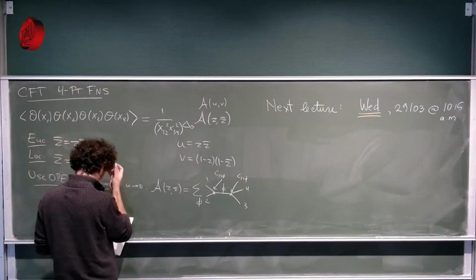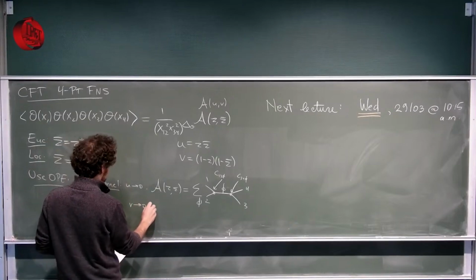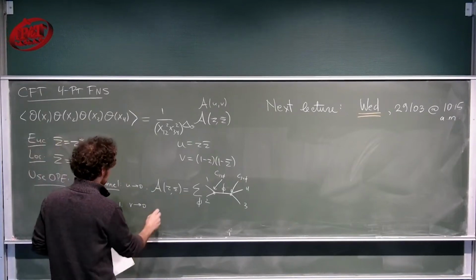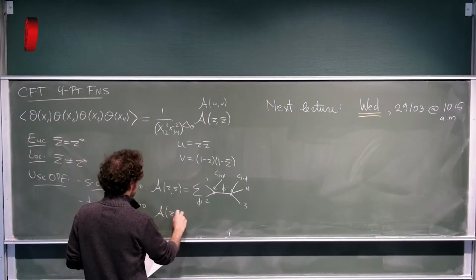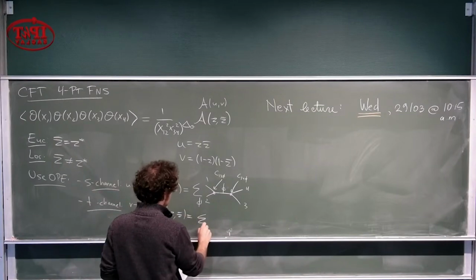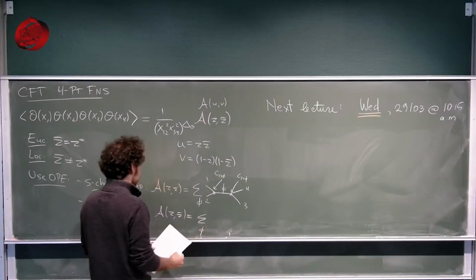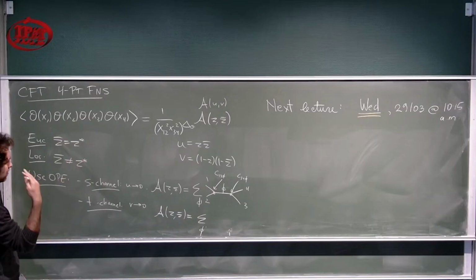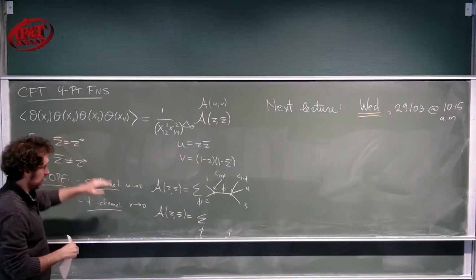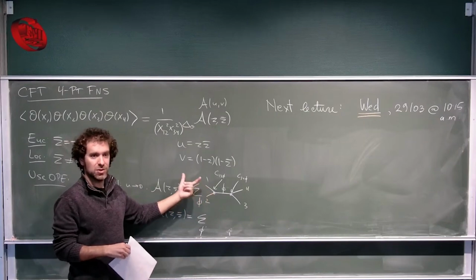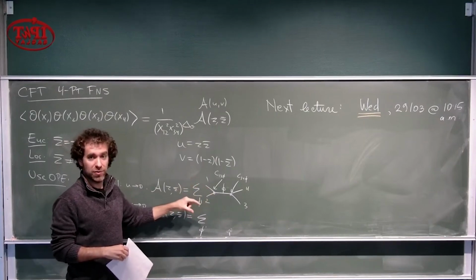In the T channel, which is the v to 0 region, we can instead expand in some other basis. I've written these as identical primaries. In the end, it doesn't really matter. If they're not identical, then these two bases of operators will be different in general, because 1, 2 might couple to something that 1, 4 doesn't couple to.